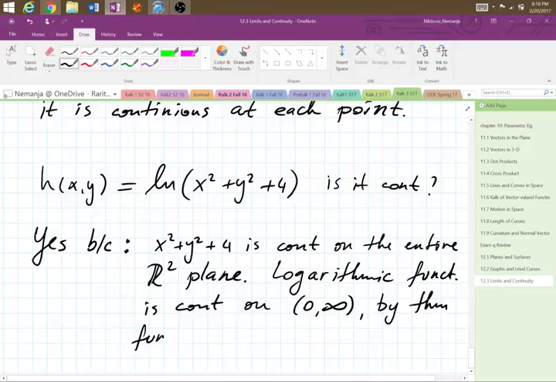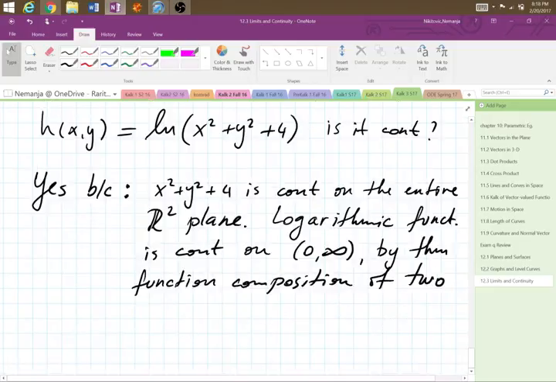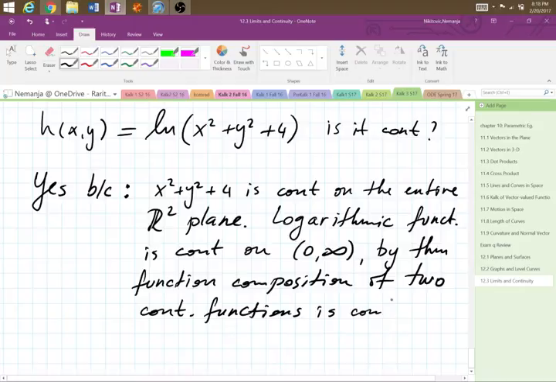Function composition of two continuous functions is continuous function. So there you go. That's actually what you write. That's the answer, the paragraph.